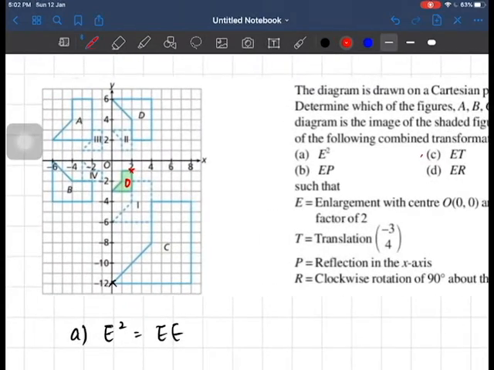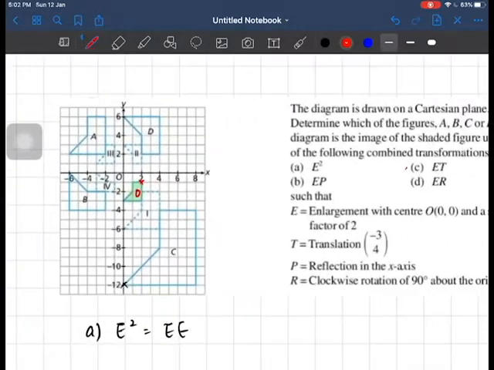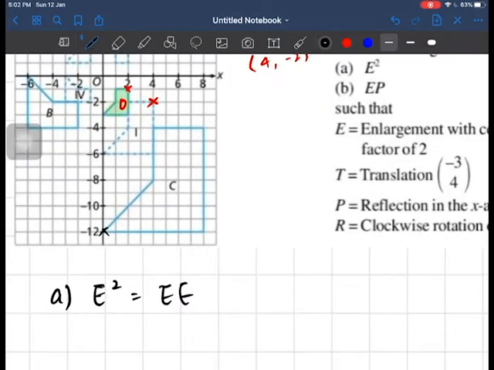So when there is enlargement, a way we can do is this. So I'll choose this point, which is 2, negative 1, and I'll multiply it by 2, and this would be 4, negative 2, which is figure 1.